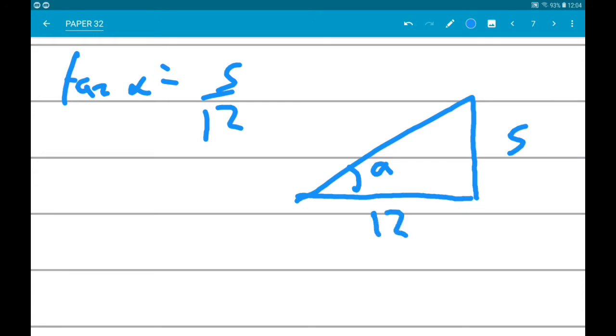Now, using Pythagoras, we can get the hypotenuse as the square root of 12 squared and 5 squared, which is root 169, which is 13.